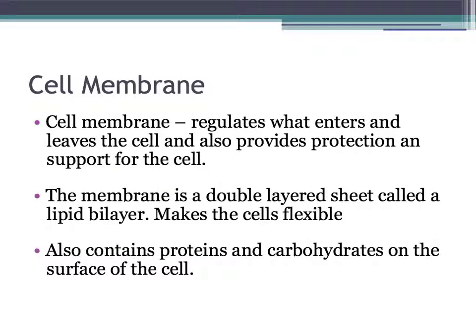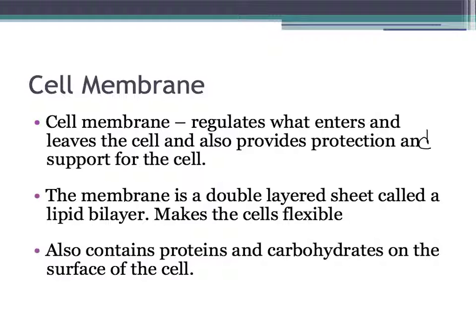So let's focus a little bit more on the specifics. Cell membrane. The cell membrane regulates what enters and leaves the cell and also provides protection and support for the cell. The membrane is a double-layered sheet called a lipid bilayer, and this allows cells to be flexible.